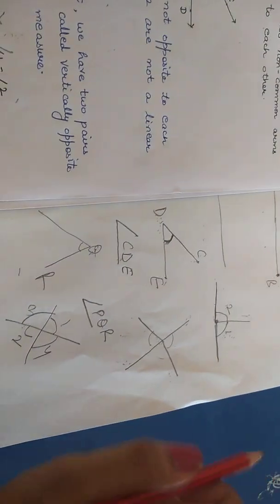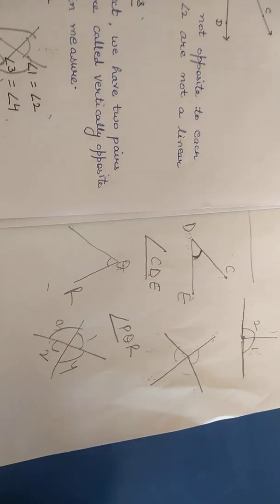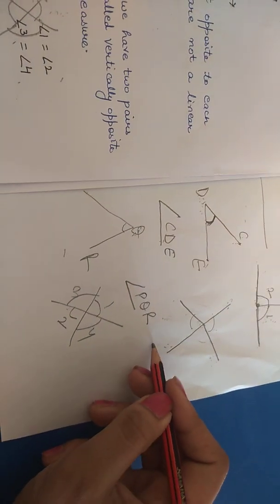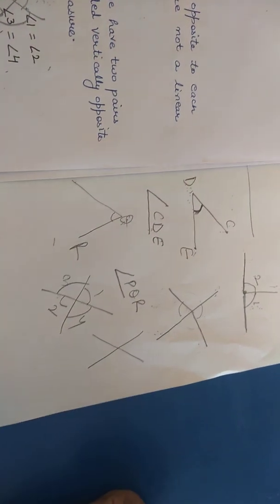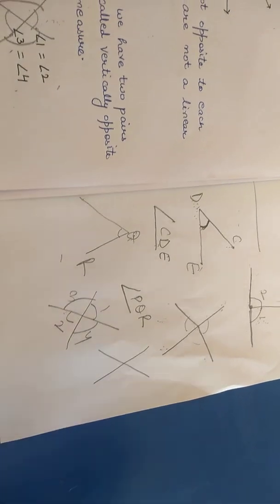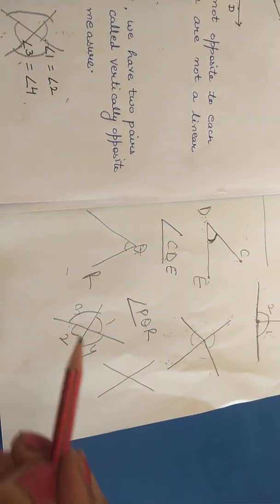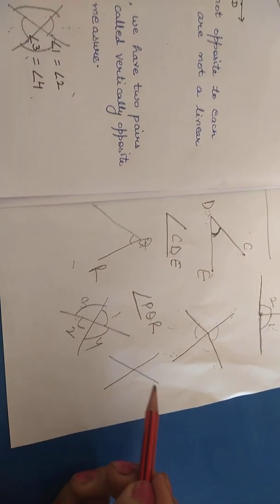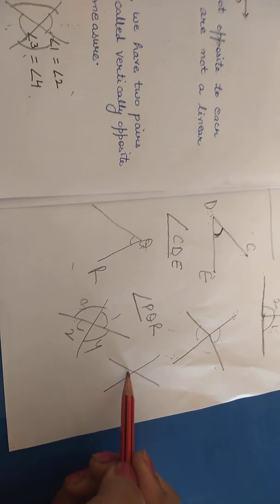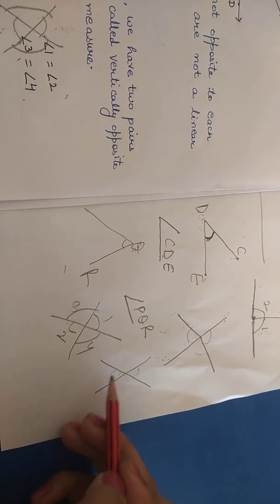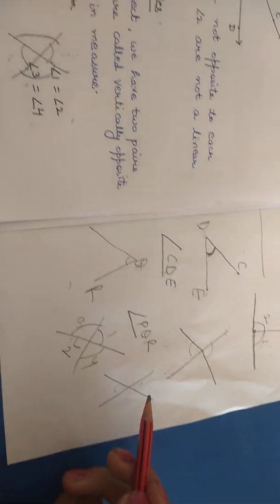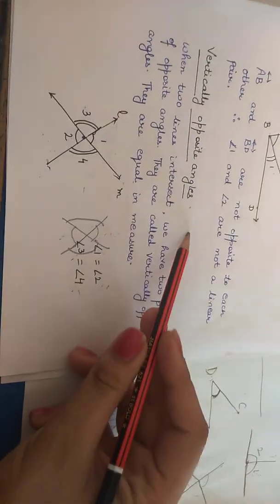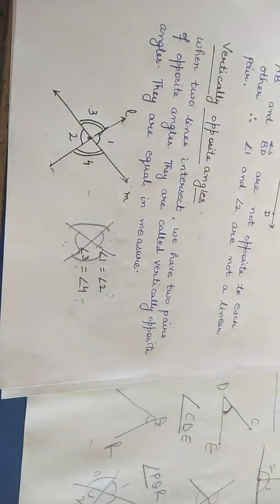So in total there are three lines. But you always want two lines which intersect each other. See, these two are intersecting lines. I will not lift my pencil when drawing this figure. So these two are intersecting lines and the opposite pairs are vertical opposite angles. Angle 1 is equal to angle 2 and angle 3 is equal to angle 4. These are vertical opposite angles.